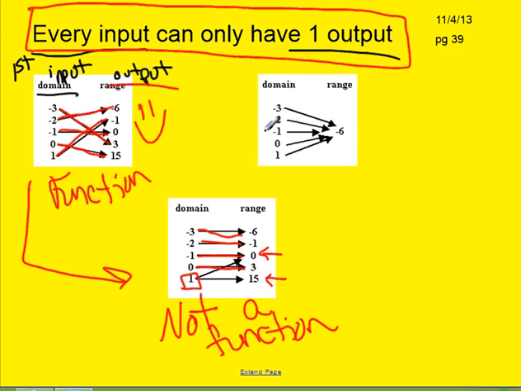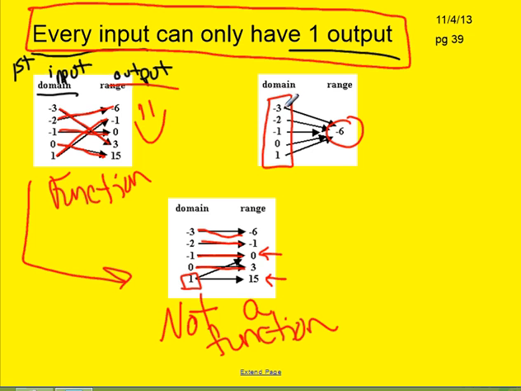Finally, let's look at this one. This is a little bit of a unique situation. Just by looking at it, you see that all of my inputs go to the exact same output, -6. So you might be thinking to yourself, oh, that can't work because every input only has one output. But think about it.